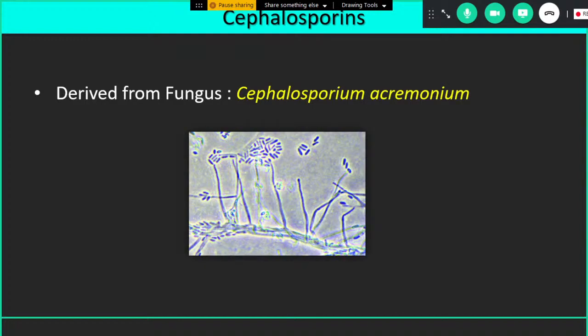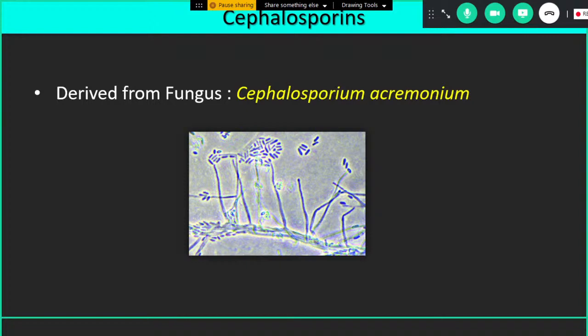They are derived from Cephalosporium, from which it derives its name, cephalosporins. There is a very interesting story about that. It was an Italian pharmacologist who was searching for different molds after the discovery of penicillin to inhibit the typhoid bacterium. He was doing a lot of surveying.